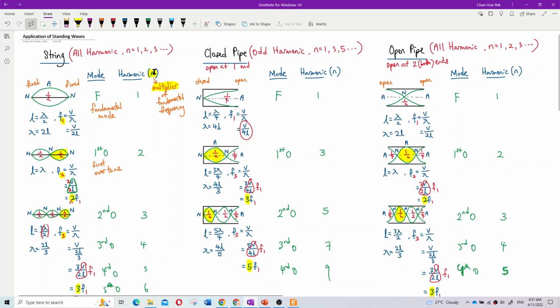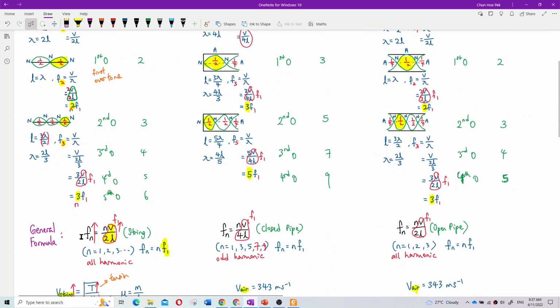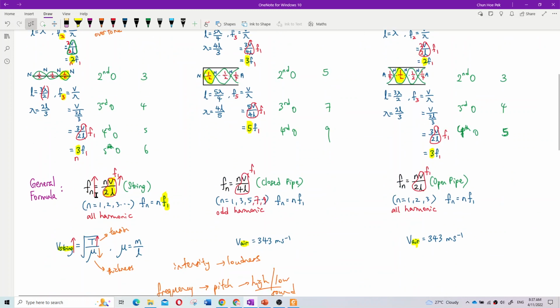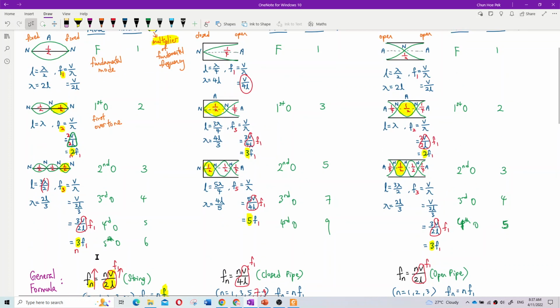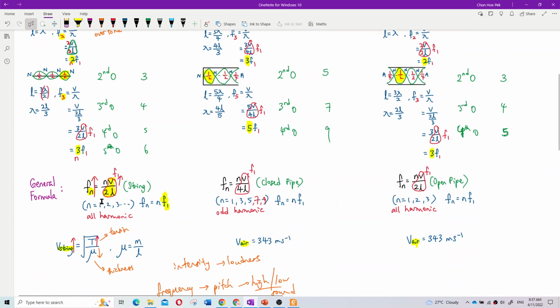Harmonic number. 1, 2, 3 is the harmonic number. So we can put as Fn. And what is N? Harmonic number. So N is the harmonic number. Okay, and then equal to, for string, the general formula, one general formula to represent all condition is NV over 2L.